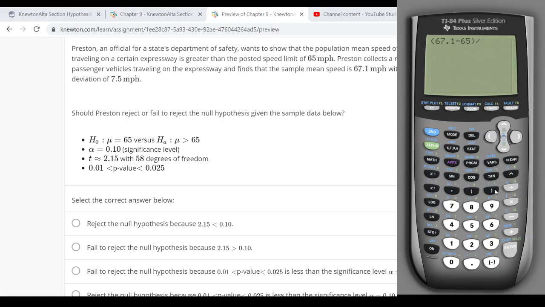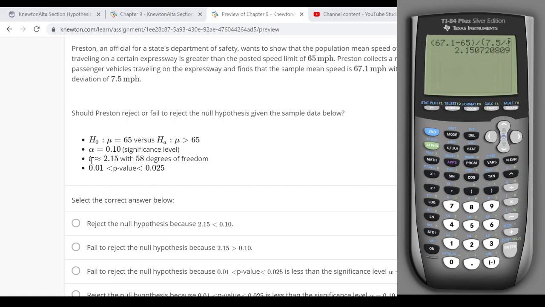Then divide by, in parentheses in the denominator, the standard deviation of sample means for samples of size 59. Because sigma is unknown here, I'm using s, the sample standard deviation, which was 7.5, and dividing this by the square root of the sample size, which was 59. You're going to see this come up as 2.15, which they tell us. See, 2.1507, exactly what they're giving us here.